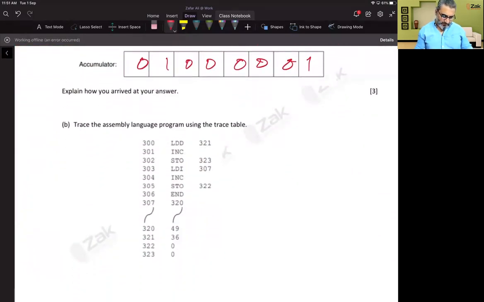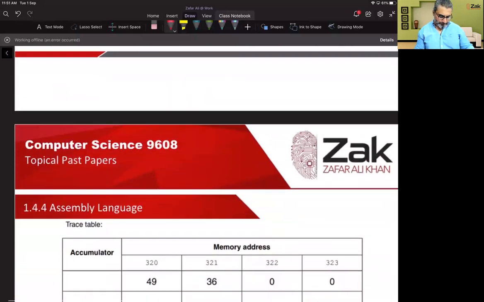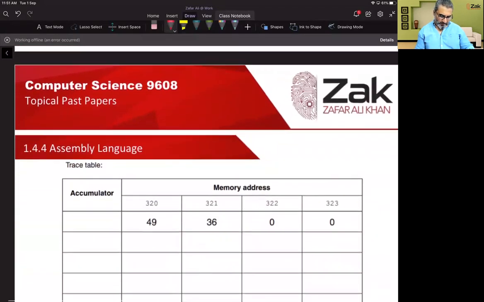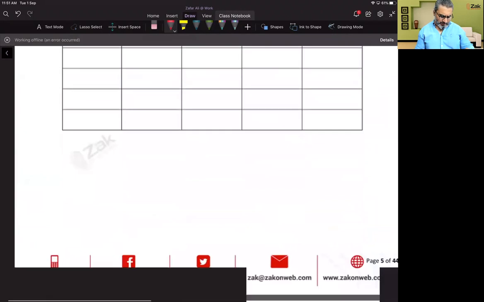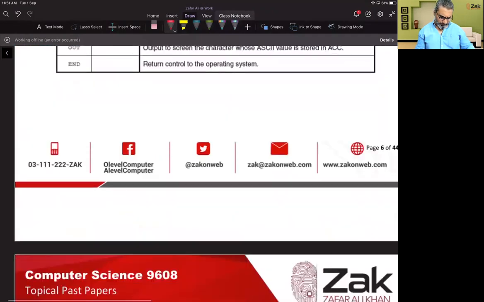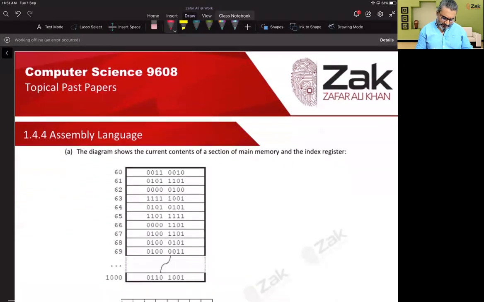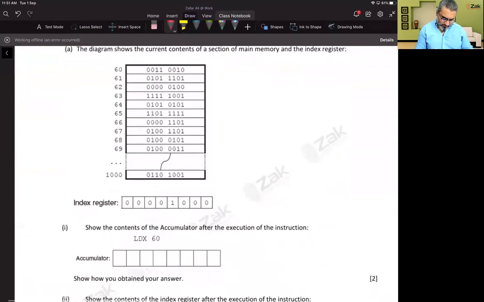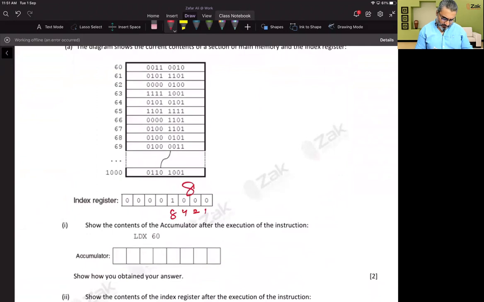Trace assembly language program using the trace table. We have done such questions, so I'm skipping such questions. The index register is 8, 1, 2, 4, and 8. So LDX 60 becomes 68.